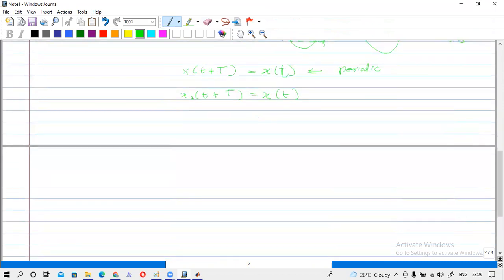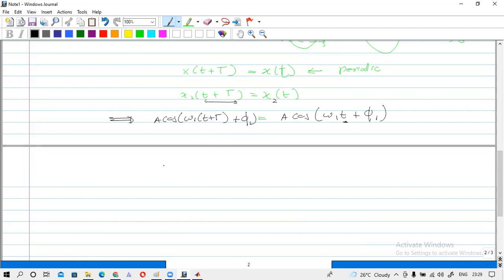For x(t plus T), instead of t we have to substitute t plus T. So we get a cos(omega 1 (t plus T) plus phi 1). So you will get this equation.